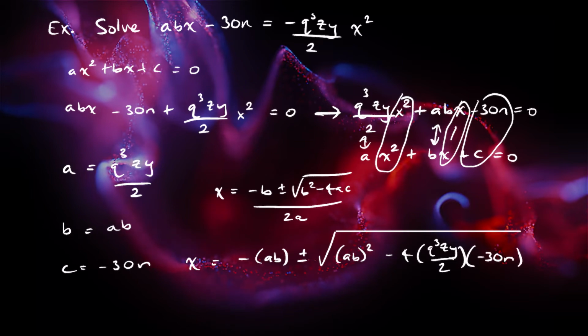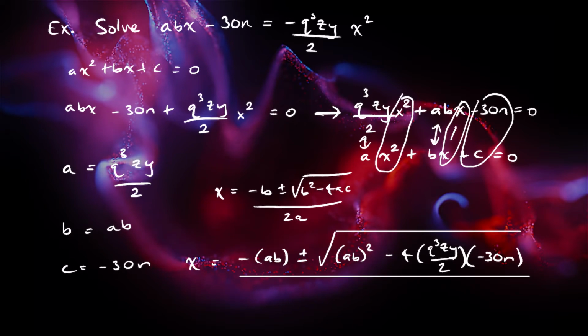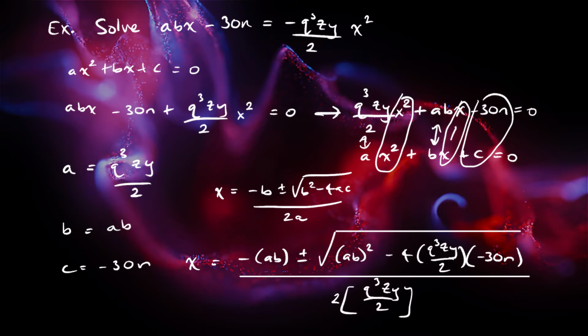And that's all over 2a, so 2 multiplied by a being q cubed zy over 2. So this is our solution for x.